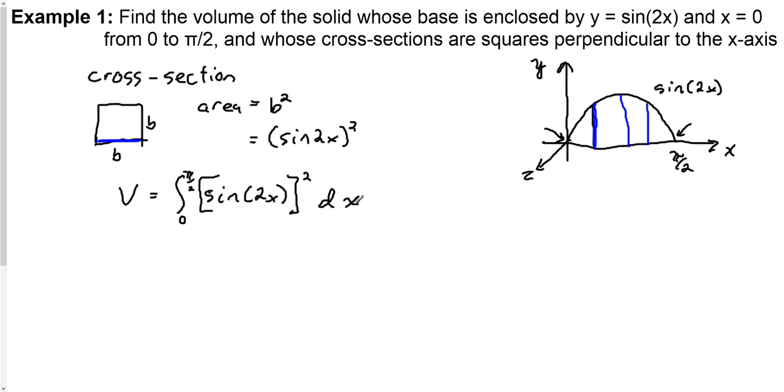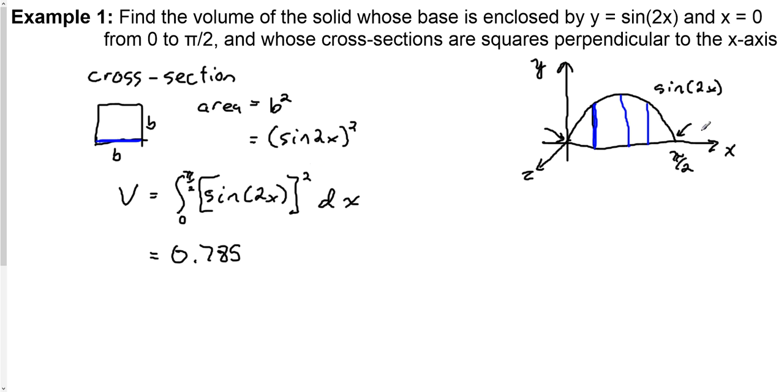Now, this is an integral that is hard to do analytically, so this is the kind of thing that you would just punch into your calculator if you had a graphing calculator and evaluate the integral numerically. So 0.785. Okay. So if you don't have a calculator to do the integration for you, the key thing to take away from this example is how you get the setup of the question.